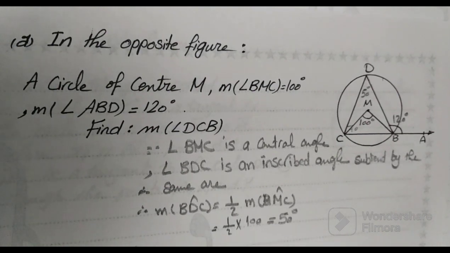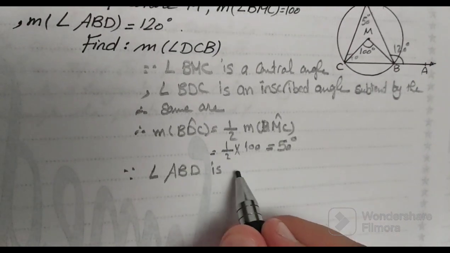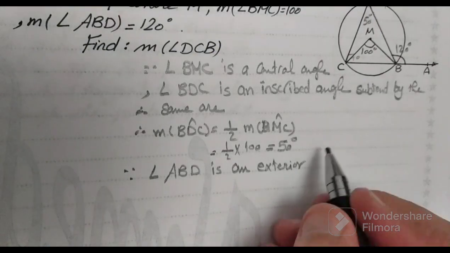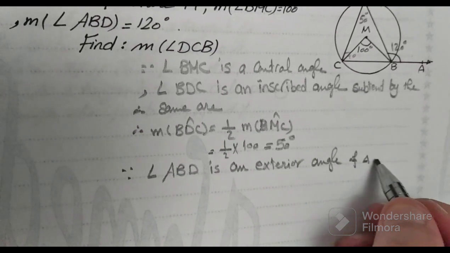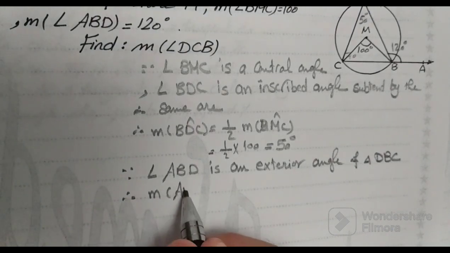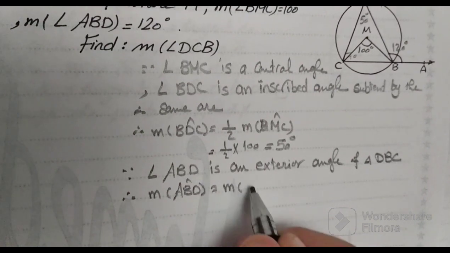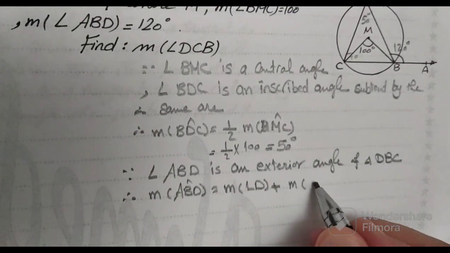Okay, since angle ABD is an exterior angle of triangle DBC, therefore the measure of angle ABD equals the measure of angle D plus the measure of angle BCD.